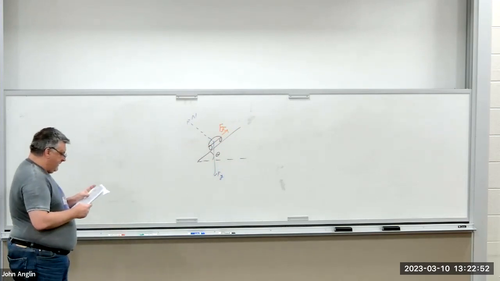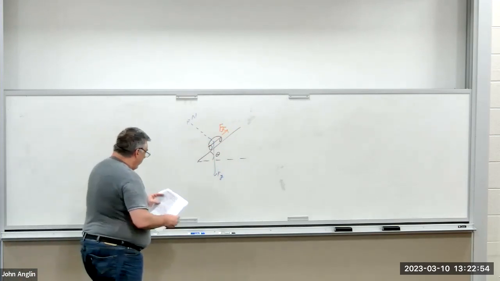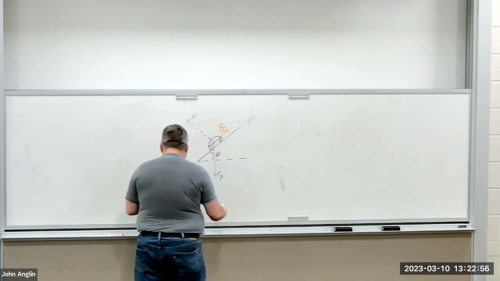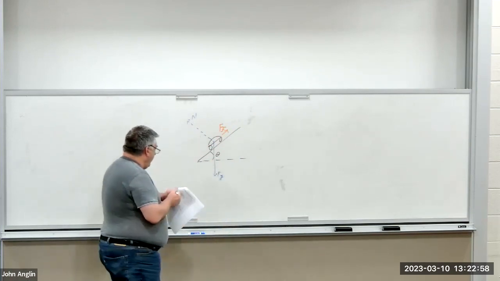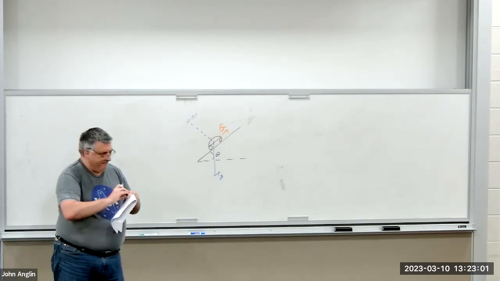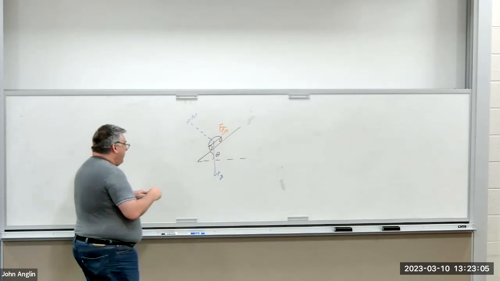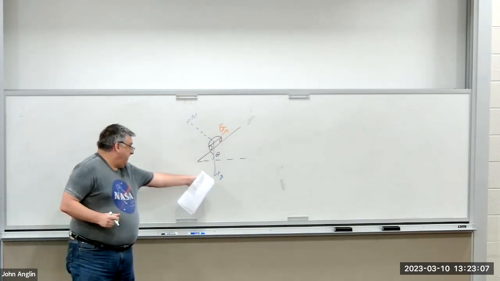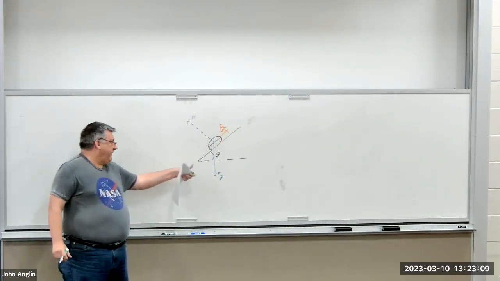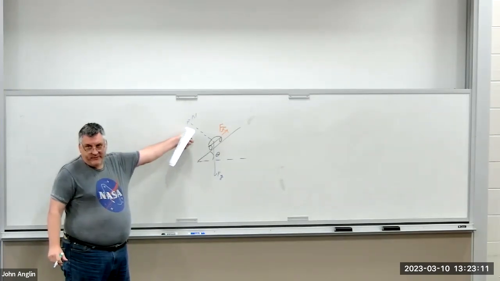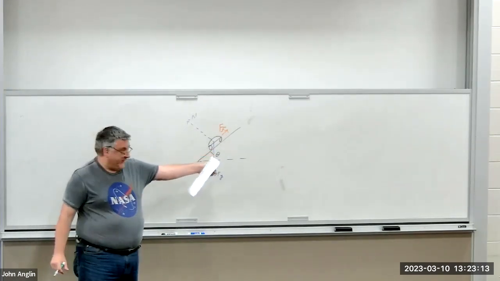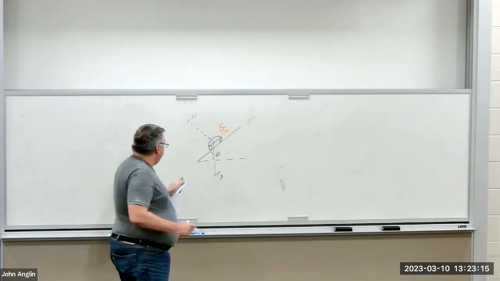Well, what we're going to need to do is find some components, right? Because we can't just use the force due to gravity to find our normal force, which is really going to be important to us, right? So we got to get some vectors.